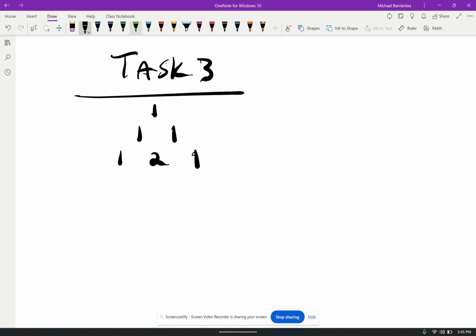So, for example, if I add 1 and 2, my answer is 3. I'm going to write it right under and in between those 2. Or, if I add 2 and 1, well, that number would be 3 again. But when I get over here, notice this doesn't create a triangle. It almost seems like I need a number over here and a number over here, and that would create the triangle.